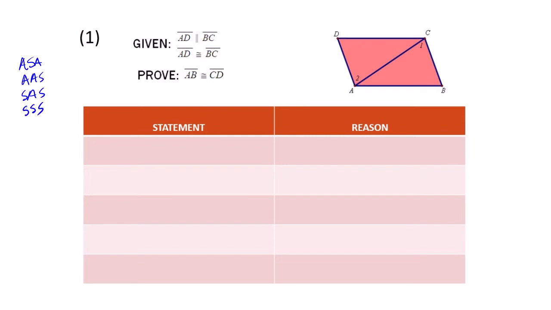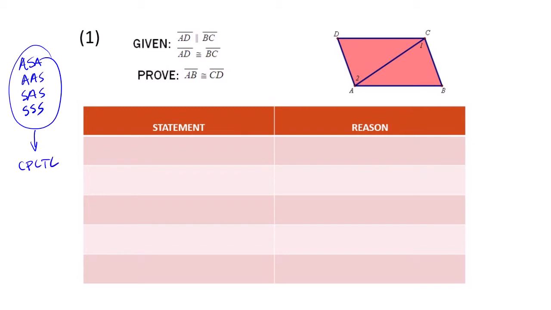It doesn't necessarily have to be in that order, but those are the triangle congruence theorems, or postulates and theorem, right? This is the one that's a theorem, the other three are postulates. All right, so we want to use one of these, and then we're going to use CPCTC.